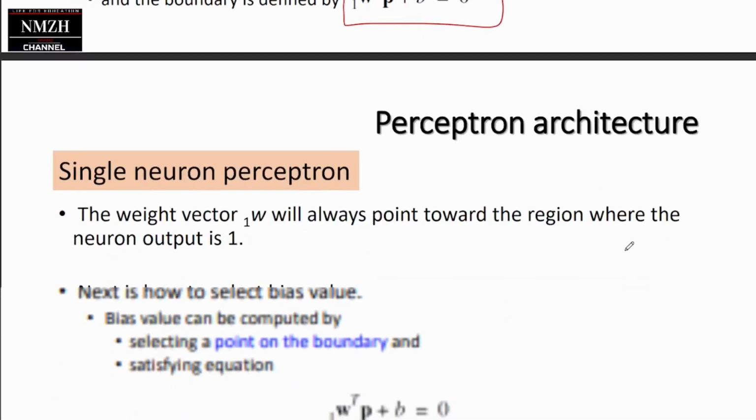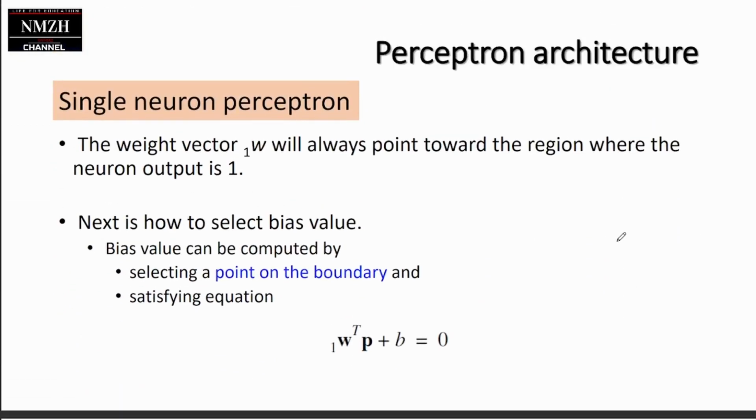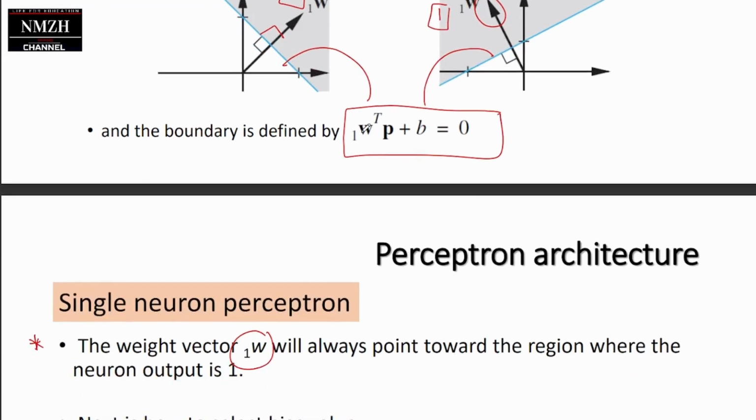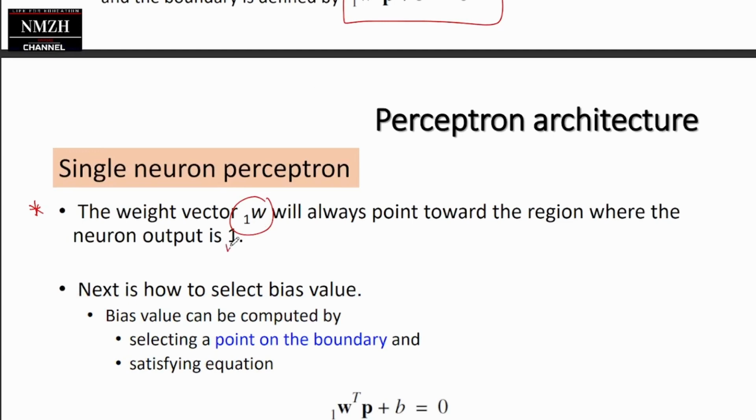Okay, the weight vector W will always point towards the region where the neuron output is 1. So this is the keyword in neuron perceptron. So the weight direction, towards the arrow, means the category is always shaded, or 1. A equals 1. Okay, so the output is always 1.